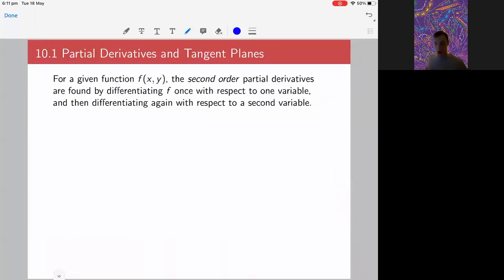So let's just go back to 2 variables for the moment. The second order partial derivatives, you find these by differentiating once with respect to one of your variables, and then you differentiate again with respect to another variable. And the important thing is that these 2 variables do not need to be the same.